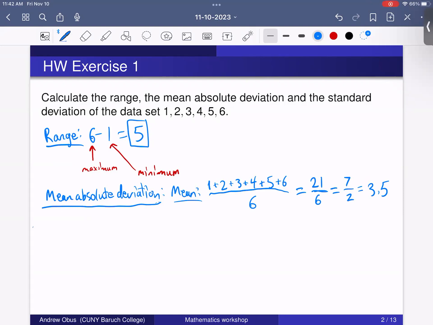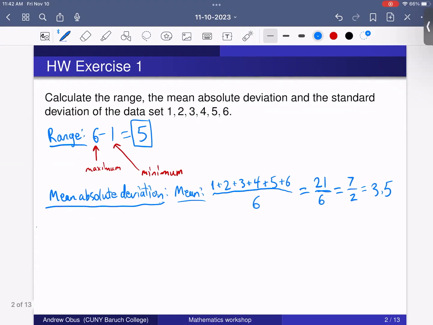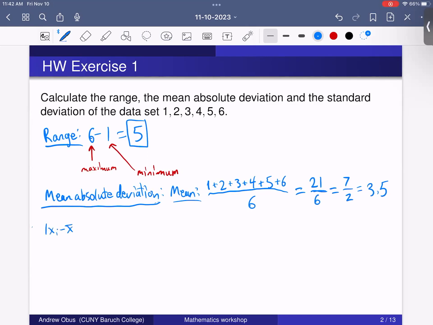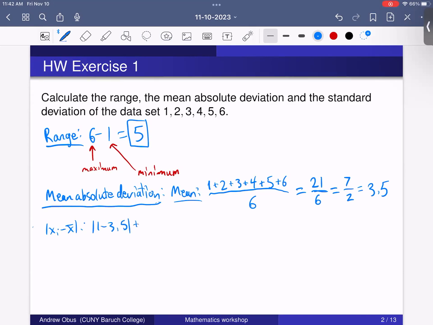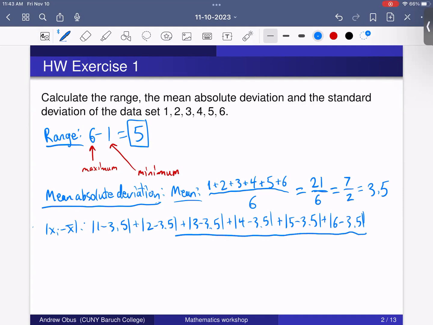So we take the absolute value of 1 minus 3.5, 2 minus 3.5, 3 minus 3.5, 4 minus 3.5, 5 minus 3.5, then we got 6 minus 3.5. That whole thing is going to be divided by 6.